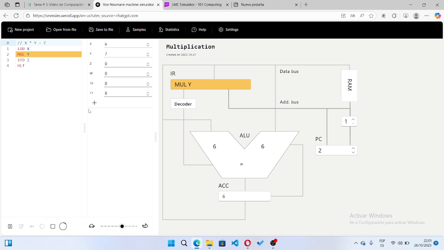Next, it may load y, or one of the temporary registers T0 or T1 with the value of 8. The result of any operation is stored again in the memory. So it's finishing the simulation.